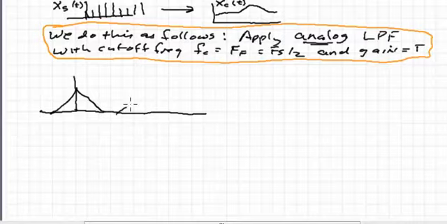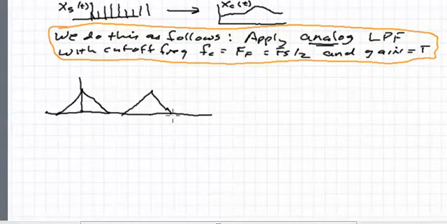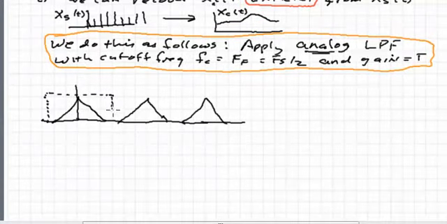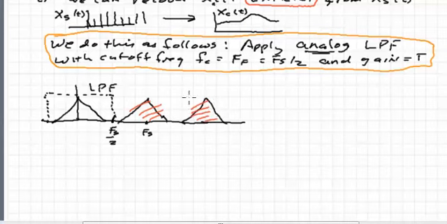I've got this, and I've got these high frequency images, and then I put a low pass filter on this, with cutoff frequency right there at fs over 2, it's going to totally get rid of all this stuff and pass the original spectrum.